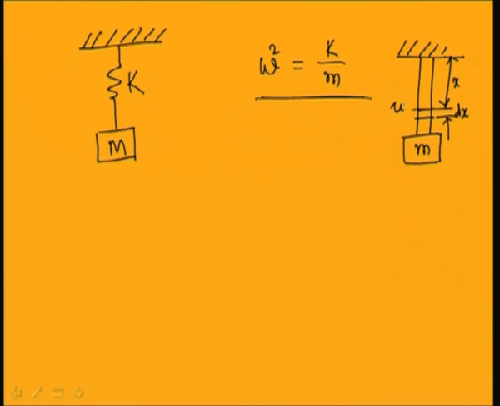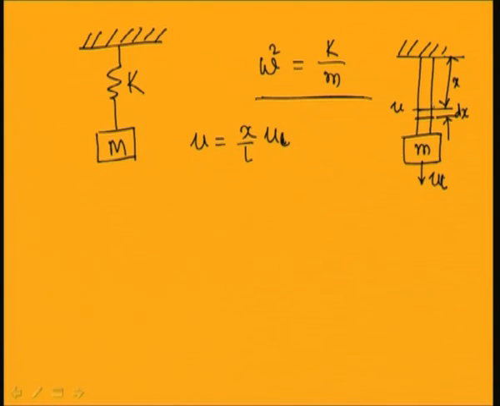If the displacement at the tip is uL, then u at a distance x will be x by L into uL. So u at any point will be equal to uL by L into x, where uL is the displacement at distance L, or at the tip.